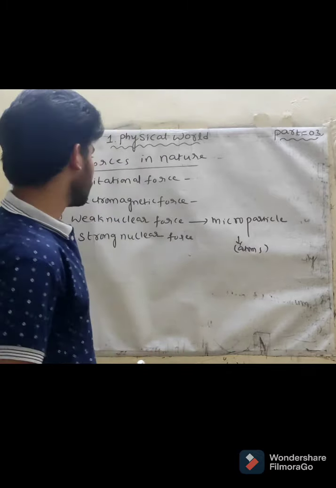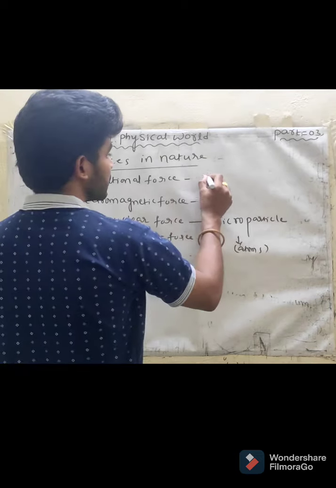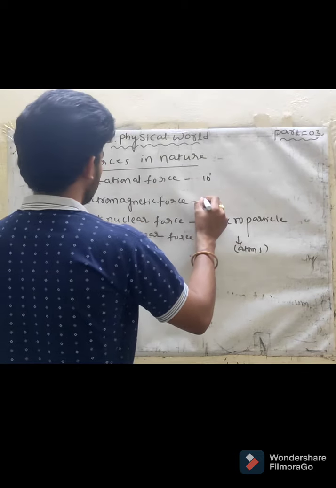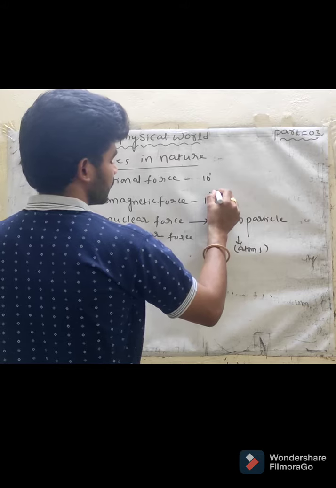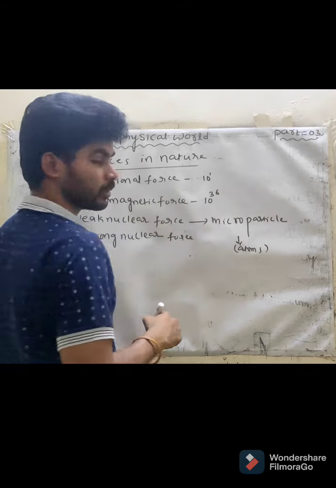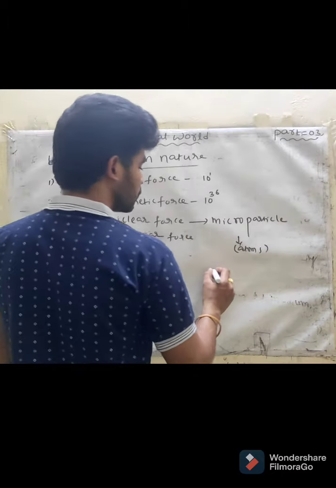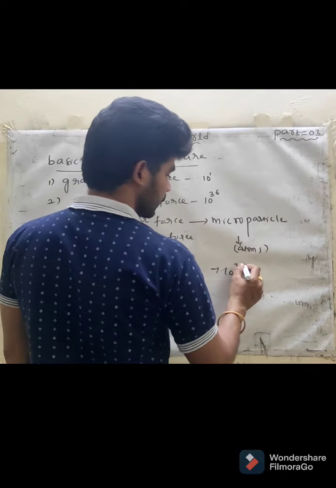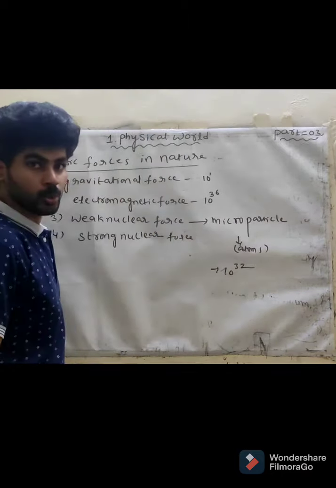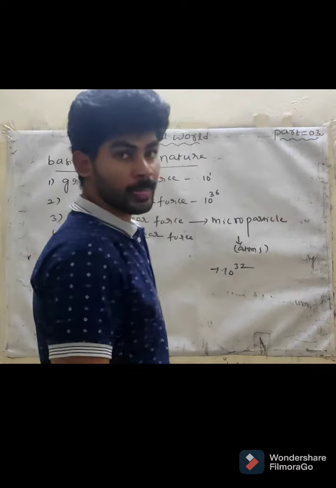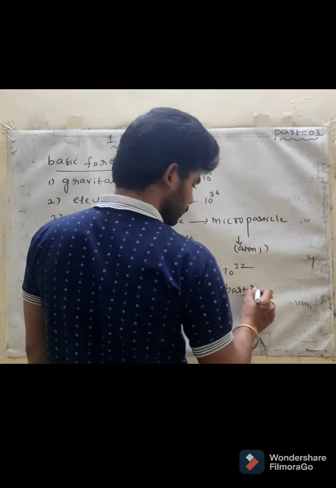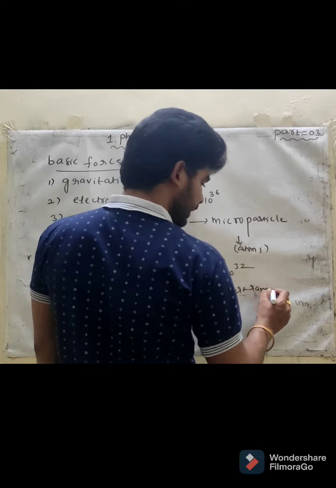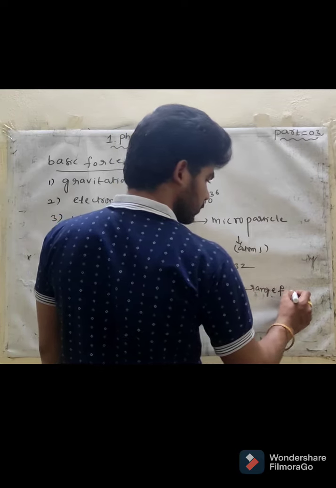So, weak nuclear force. Gravitational force range, how much did I say? 10 power 1. Electromagnetic force range is 10 power 36. And weak nuclear force range is 10 power 32. So this is a very short range force.